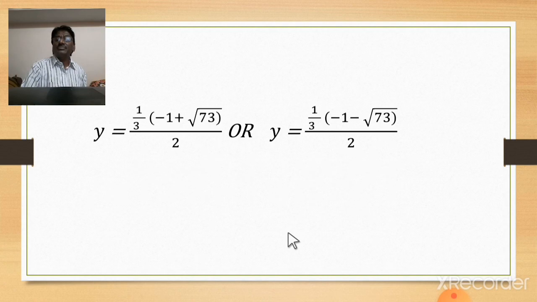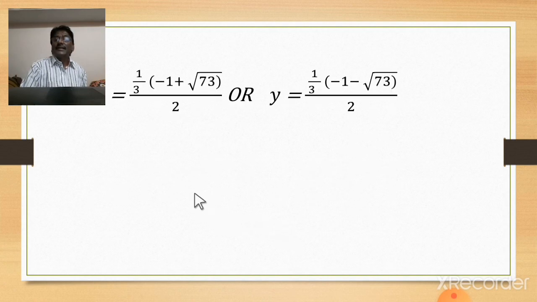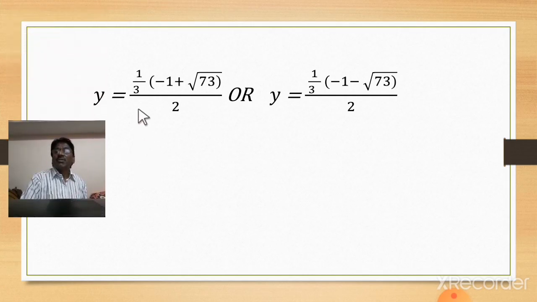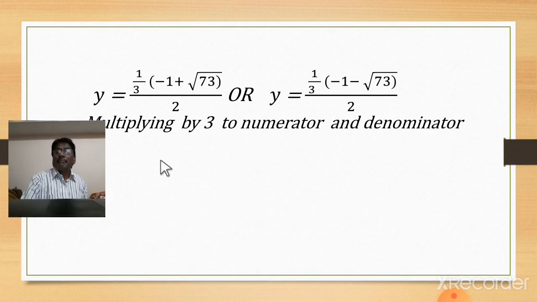Now here we get y equal to 1 upon 3 into the bracket (-1 plus root 73) upon 2. Here we multiply by 3 to the numerator and denominator.